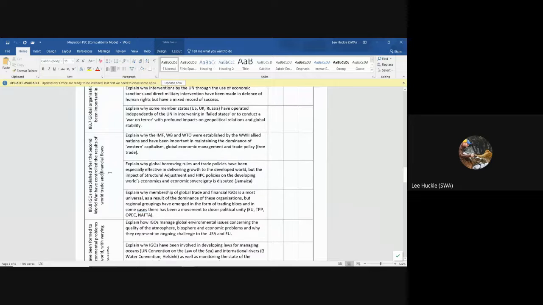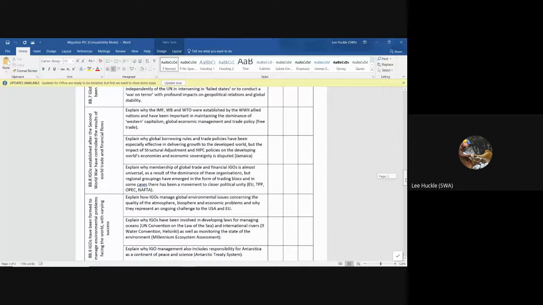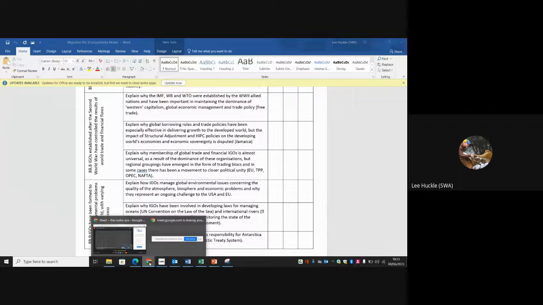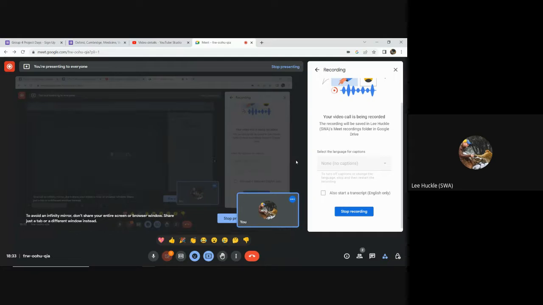You will see now that some of those lessons were focused on IGOs established after the Second World War that have controlled the results of world trade and finance. And then the final part of EQ3 was the environmental problems and how IGOs have been formed to manage and deal with those environmental problems. So, folks, that rounds off the summary of EQ3 for migration, identity, and sovereignty.